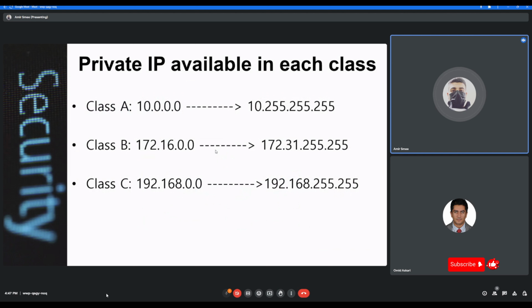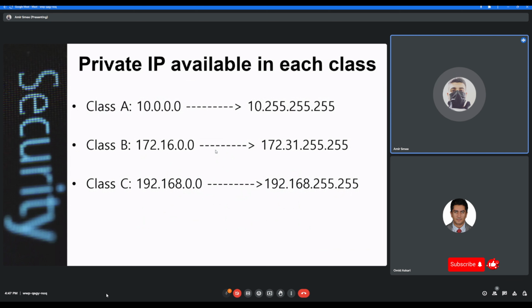And as you can see in the picture, private IPs available in each class are, for example, in class A, private IPs start from 10.0.0.0 to 10.255.255.255.